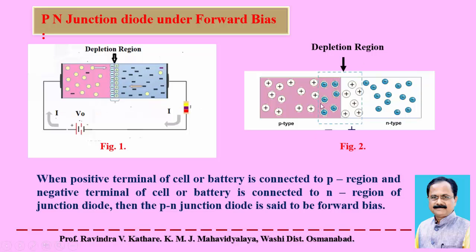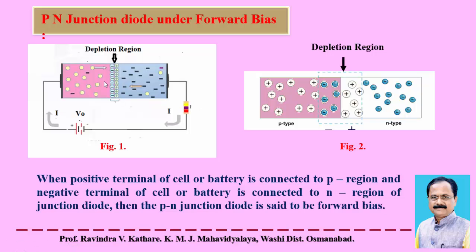In figure 2, when the cell or battery is not connected, the depletion region is wider, as we have just studied. When the battery is connected across the PN junction diode, due to this applied voltage, the barrier potential reduces and the thickness of the depletion layer also decreases.